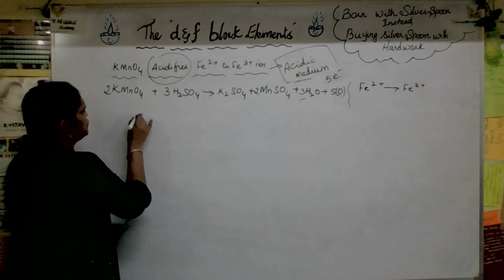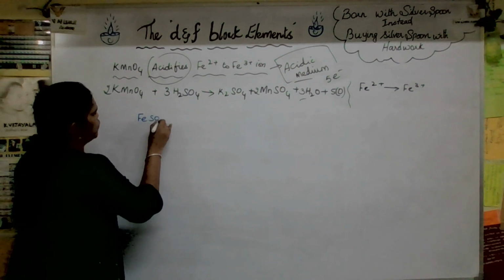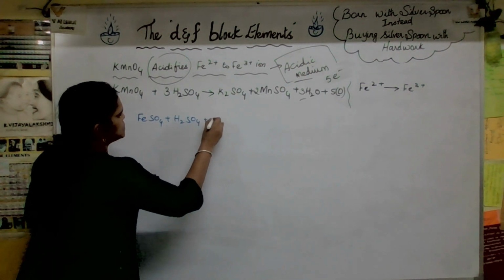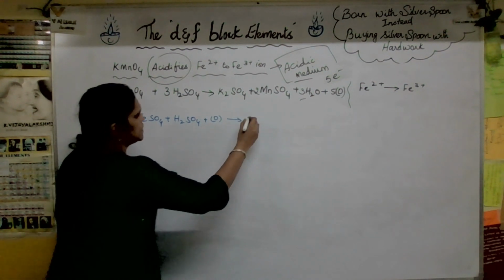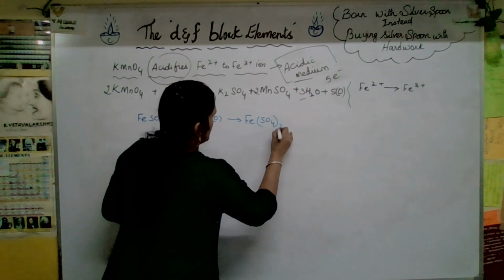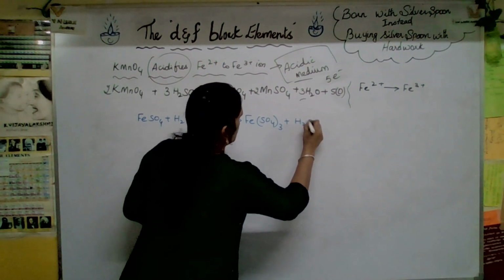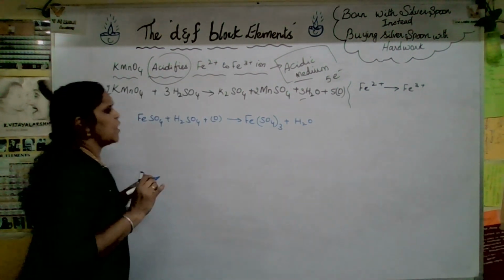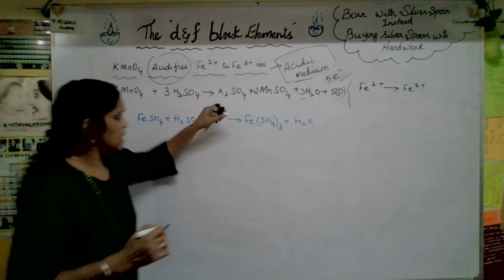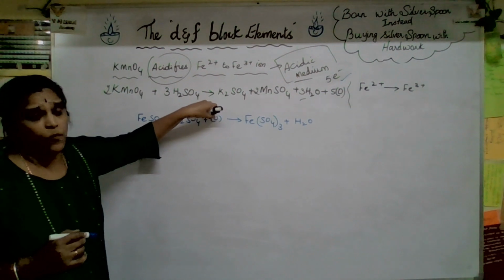Here FeSO4 plus H2SO4 plus oxygen. It gives Fe2(SO4)3 plus H2O. Okay, now how many electrons involved in acidic medium? We are thinking that this is acidic medium only.